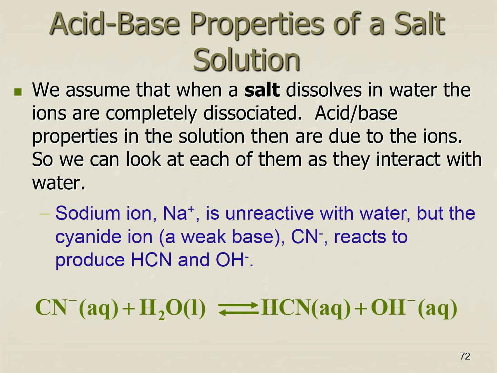So CN- hanging around in water will grab an H+ from water to form HCN and OH-. So this is what happens when we have the conjugate of a weak acid. It will react with water to form OH-, and your solution will be somewhat basic.